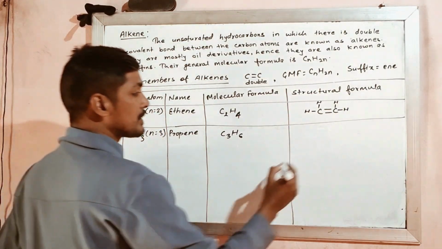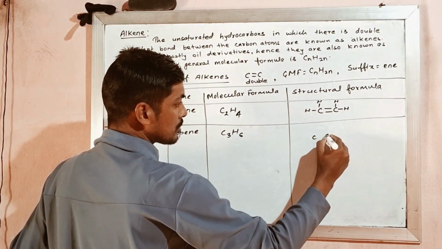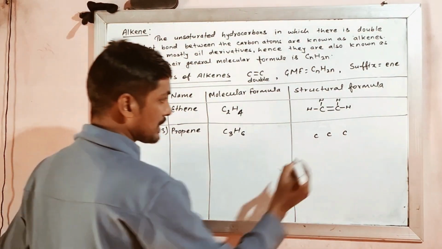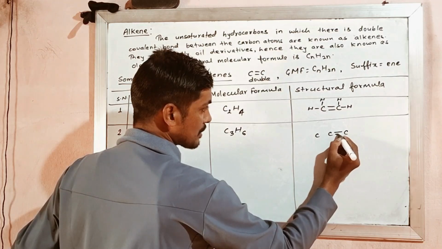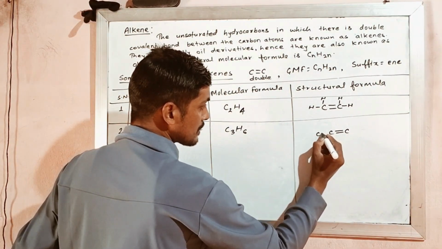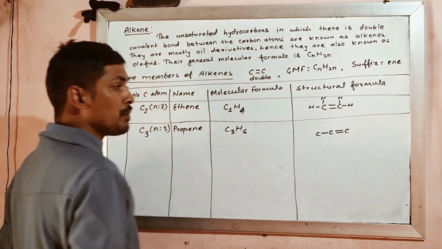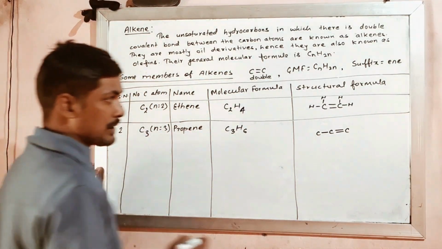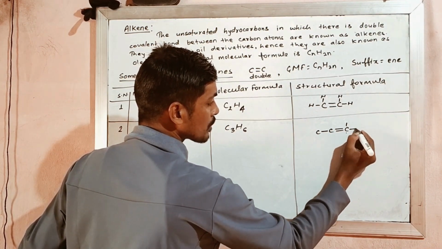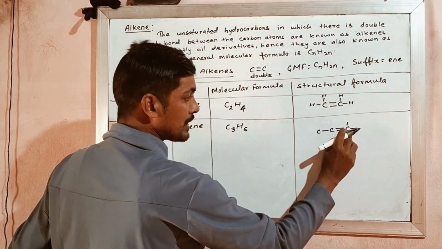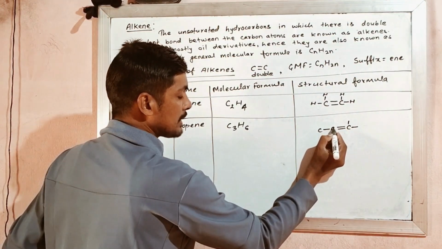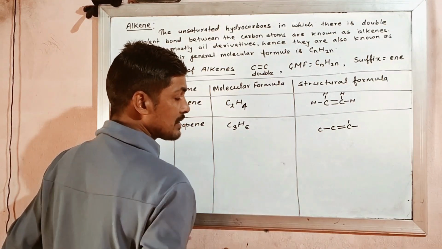Now make 3 carbons first of all: 1, 2, 3. Place a double bond between any two carbon atoms. Suppose here we place a double bond, and between the remaining carbon atoms place a single bond. Now complete 4 bonds around each carbon atom: 1, 2, 3, 4. You can keep that bond here also, anywhere as you wish. In the second carbon, 1, 2, 3 bonds are already there.